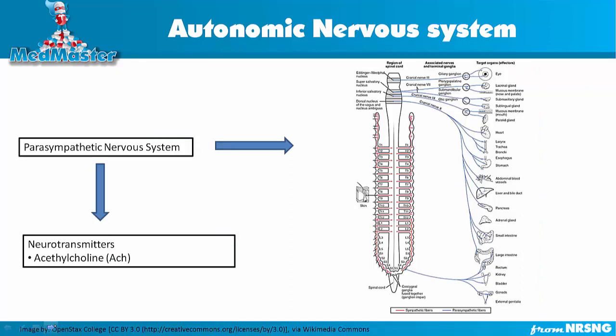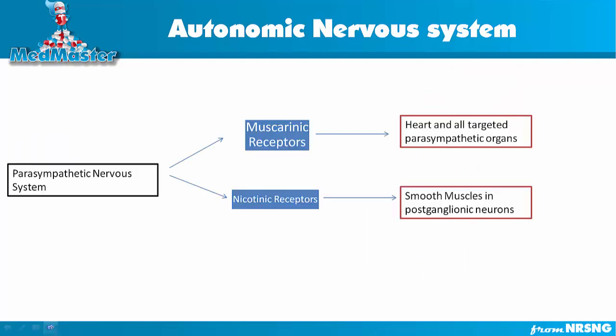Since we're going to talk about the parasympathomimetic drugs in this video, this is an overview of the parasympathetic nervous system. The main neurotransmitter in the parasympathetic nervous system is acetylcholine. The parasympathetic nervous system has two main receptors: muscarinic receptors and nicotinic receptors.